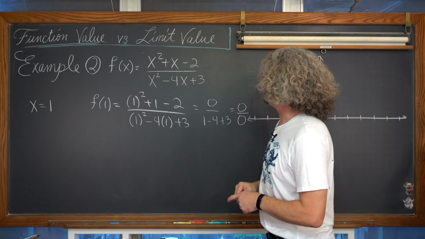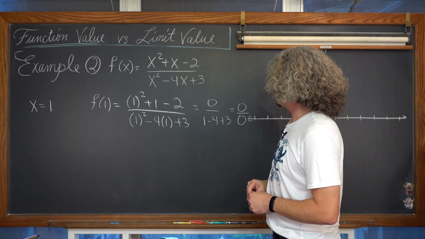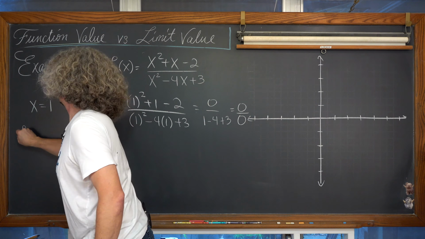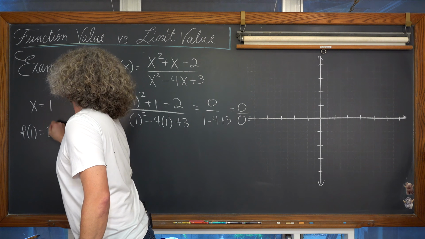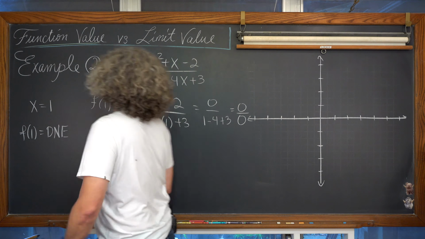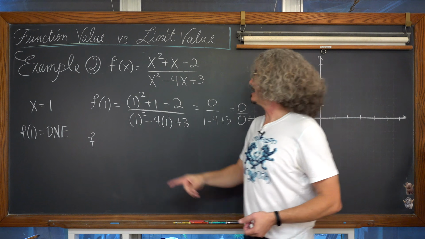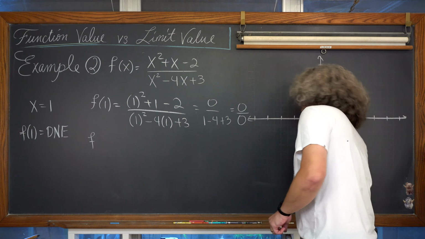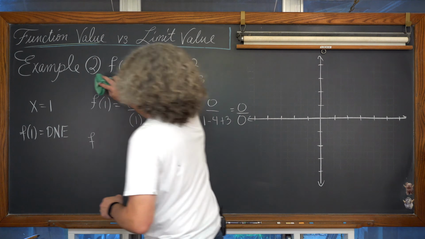It's not part of the domain. We're going to talk about restrictions of domain. So f of 1, let's write it over here so I can leave it up, does not exist. This function does not exist at x equals 1. So the function value is undefined, if you will.